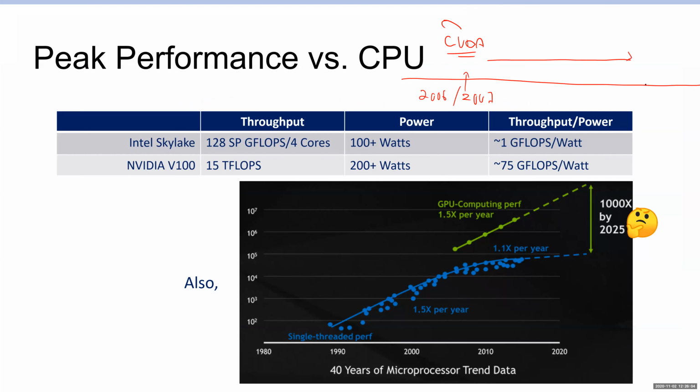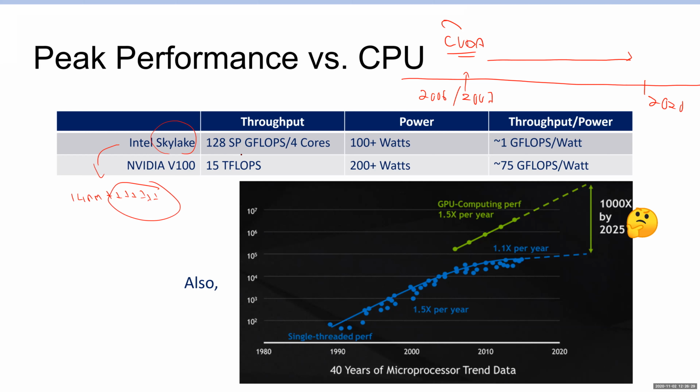Until 2020, we have seen huge leaps and bounds in GPU computing, almost 1,000 times better. To put it in context, take Intel Skylake, their 14 nanometer plus plus plus plus plus plus, a bit of pun intended.